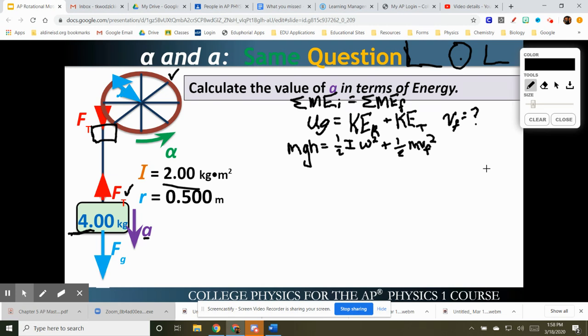So basically, what I am trying to give you a clue to do is to get an expression that solves for velocity final. So we have a velocity final here. What can we do elsewhere to get a velocity final?